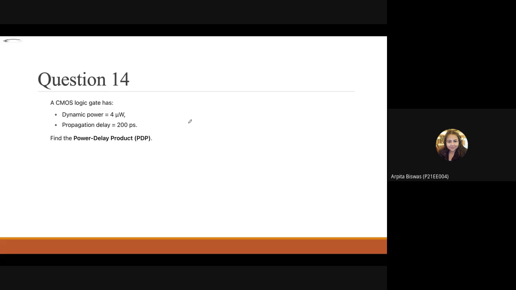So PDP is equal to dynamic power into propagation delay, tau P. Okay, tell me the value. 4 into 10 to the power minus 6 watt into 200 picosecond.